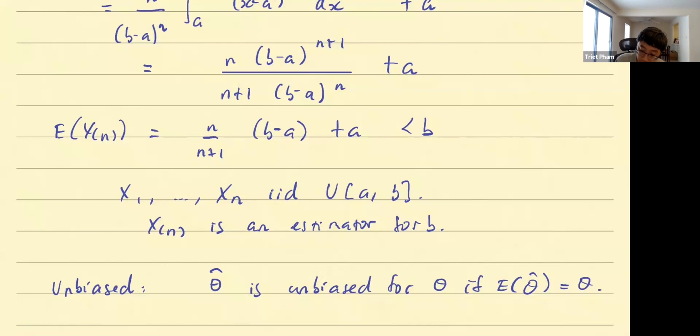Also, it should be intuitive that this should not be an unbiased estimator for B. Why so? Because the average of a random variable is equal to a value if sometimes it's above and sometimes it's below.